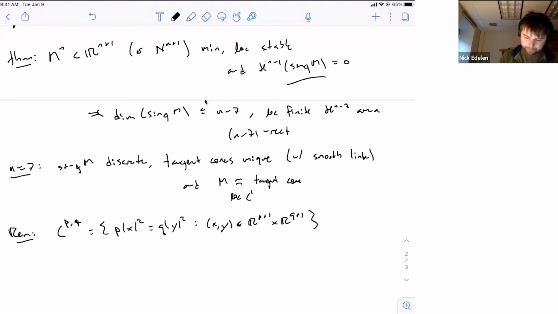This is a hypercone in R^{p+q+2}. And it turns out that the cones C33, C24, and C15 are all stable. And these two cones are actually area minimizing in the sense of currents.